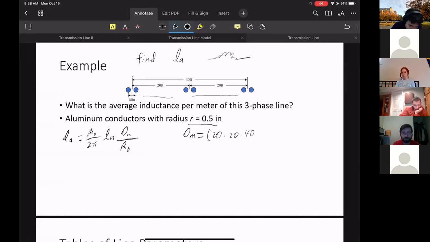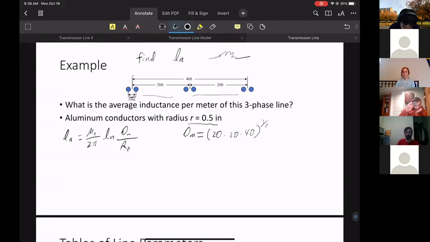Pretend we're looking at the distance to the single phase, phase A. So we're at a distance of 20, 20, 40 away from each other. Geometric mean means you multiply all of them and take a cube root. This is just the definition of geometric mean. So putting all these numbers in, we got 25.2 feet of distance.